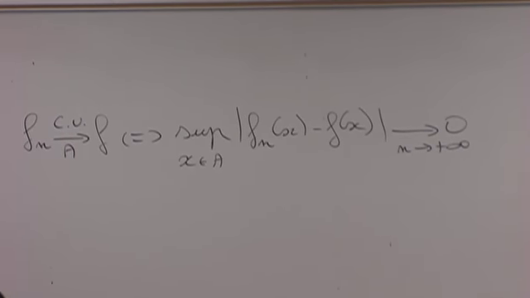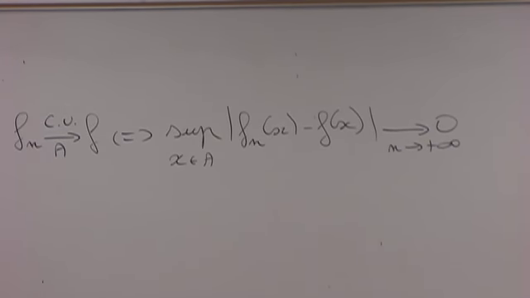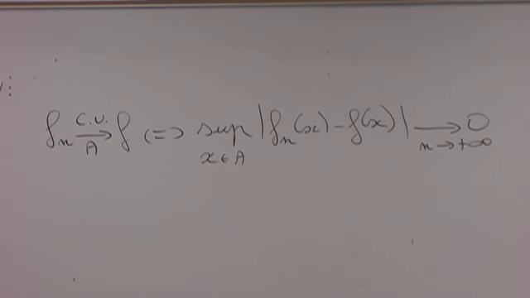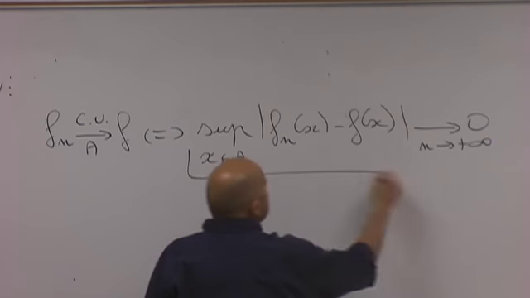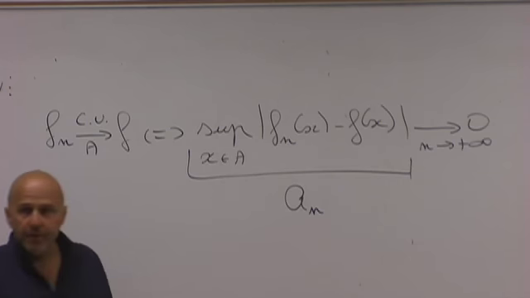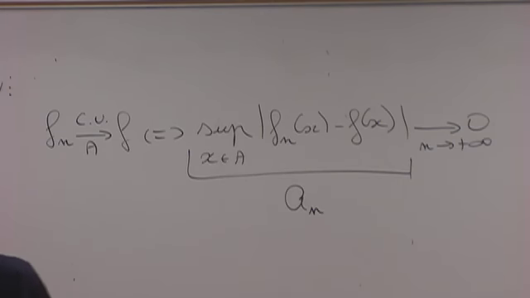So to show that a sequence of functions converges uniformly, you first need to compute the supremum for fixed n. You compute the supremum of |Fn(x) - f(x)|. And here, when you take the supremum, of course, you don't get an x anymore. You get an a_n, and that thing must go to 0.